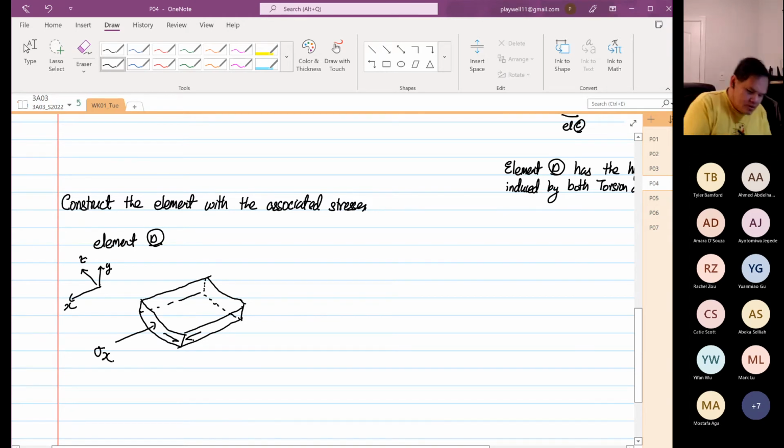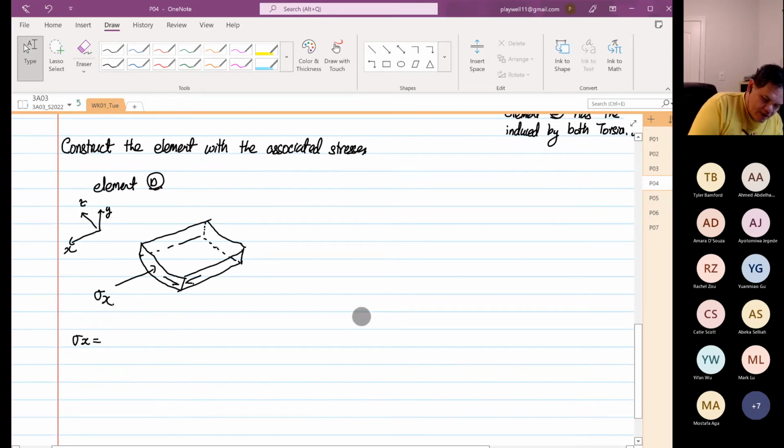So the normal stress in X, we know that we can calculate based on Px over A plus Mz over Izz multiplied by Y. And the shearing stress over here is equal to TR over J plus VQ over IT.